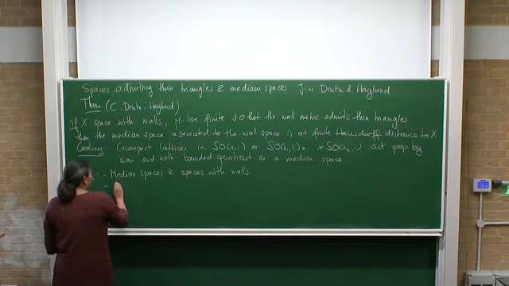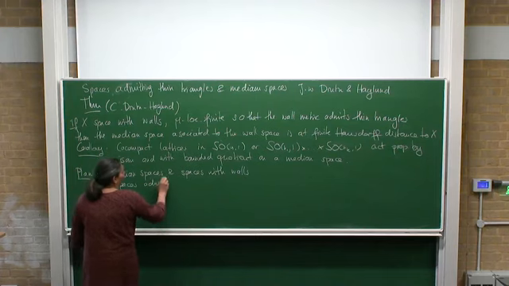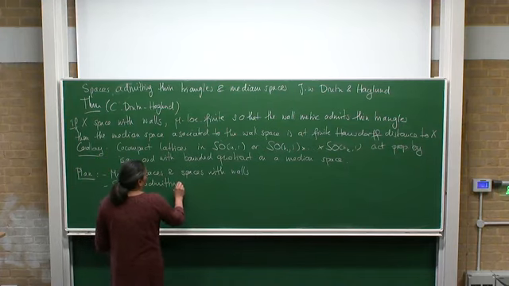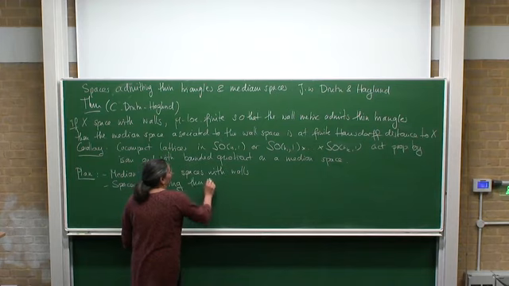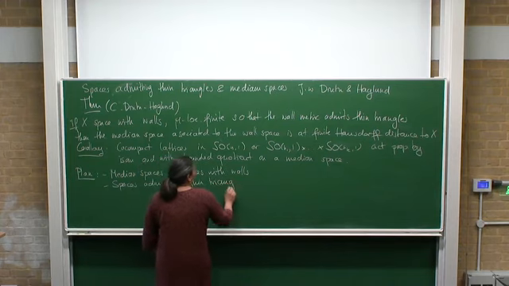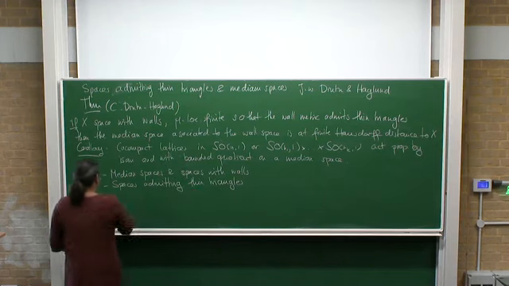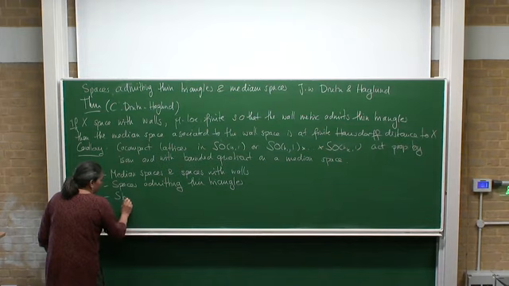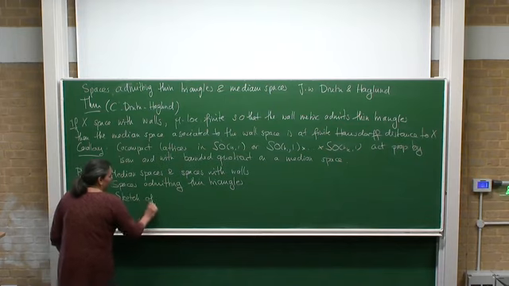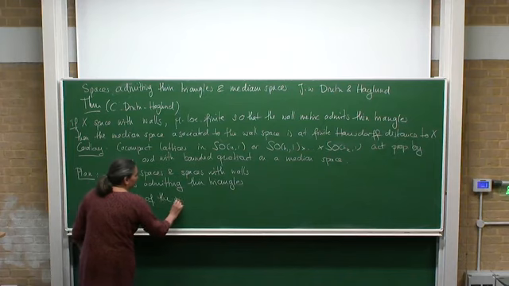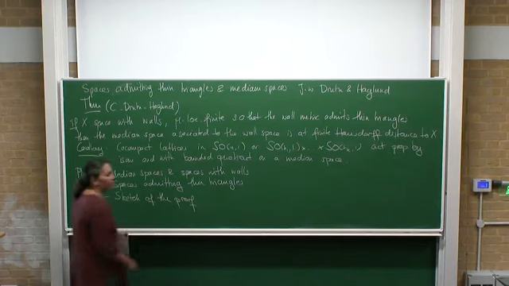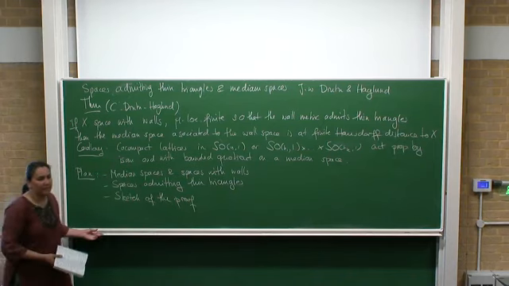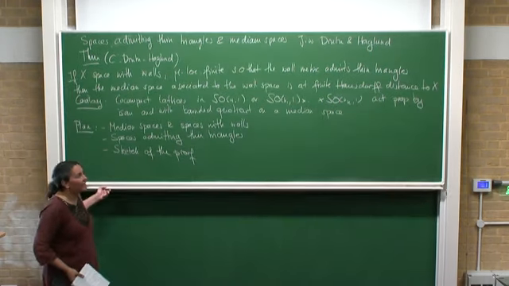And I'll talk about spaces admitting thin triangles. And I hope I can give some sketch of the proof, or at least make a picture to tell you what's the key idea.